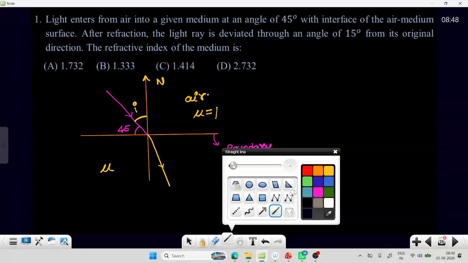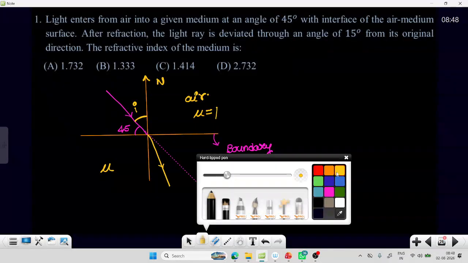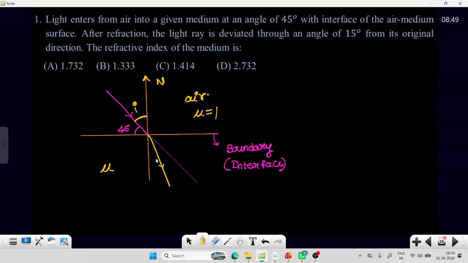The light ray will bend towards the normal, and this is the actual ray. This deviation is given as 15 degrees, and this is the R, so R is equal to 30 degrees.